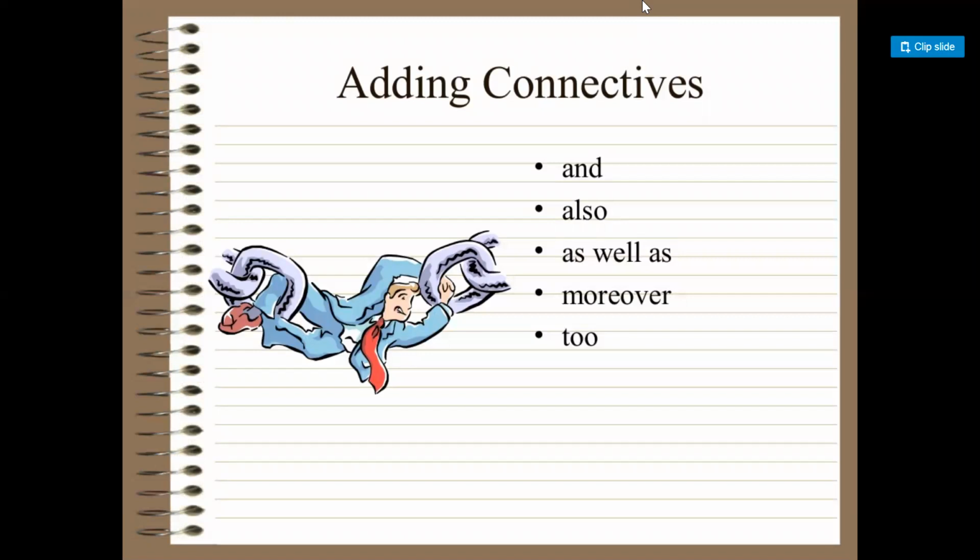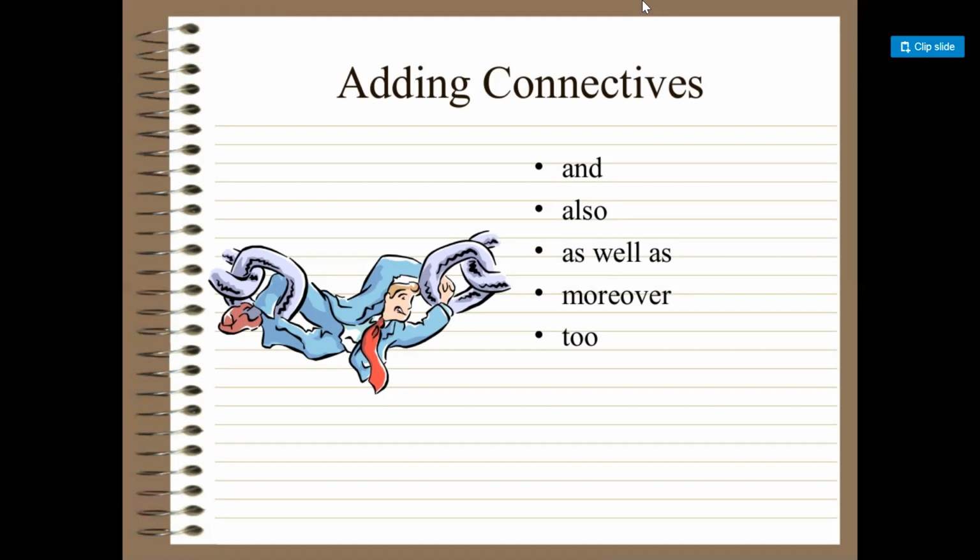Under the different kinds of connectives, we see the first one as adding connectives. These are helpful for adding further information. We have some examples like and, so, also, as well as, moreover, and to.